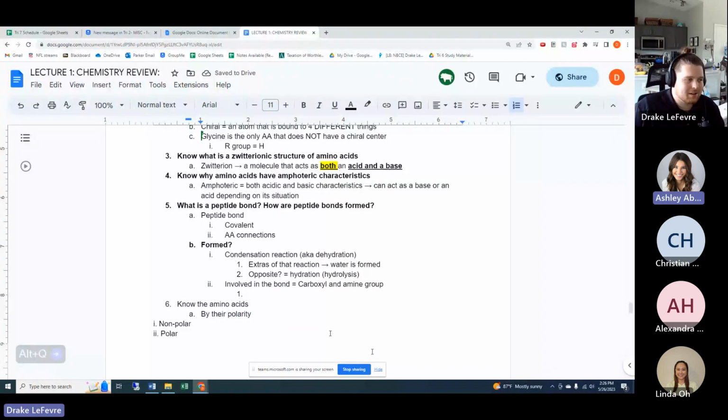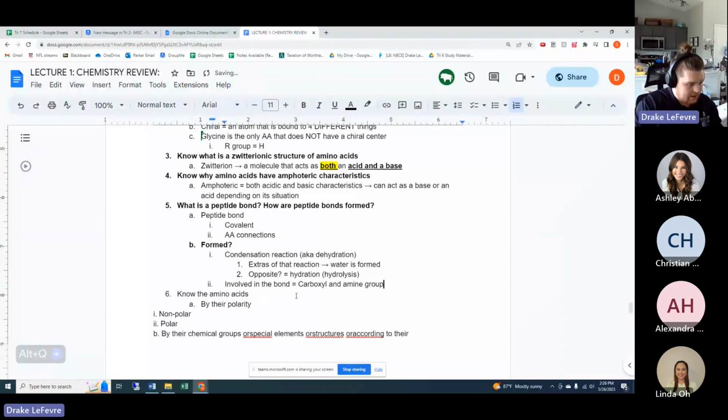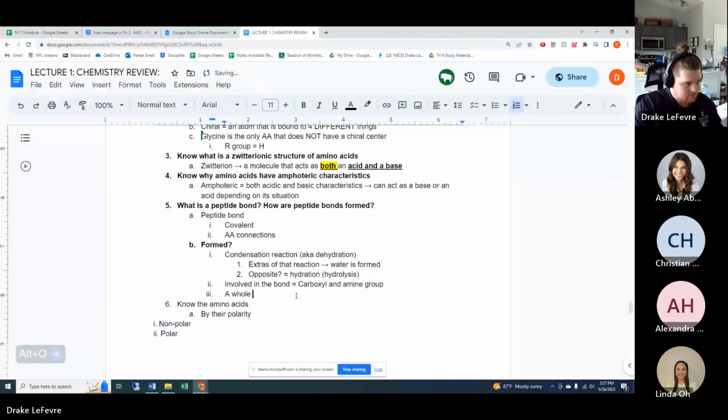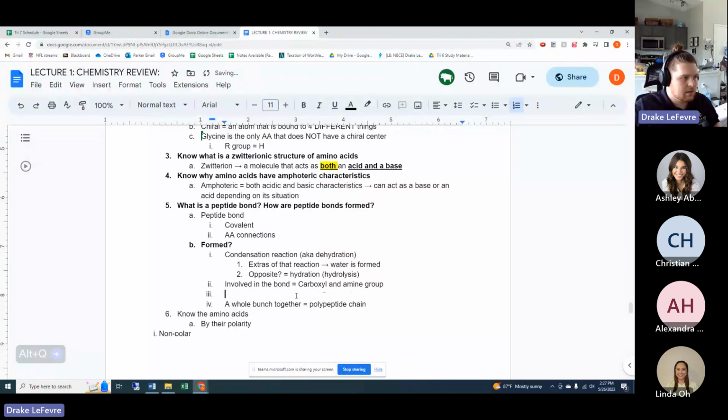Polypeptide chain. So once we get a whole bunch of them together, that equals a polypeptide chain. And when we get to the next chapter, we've already kind of covered a lot of this here.